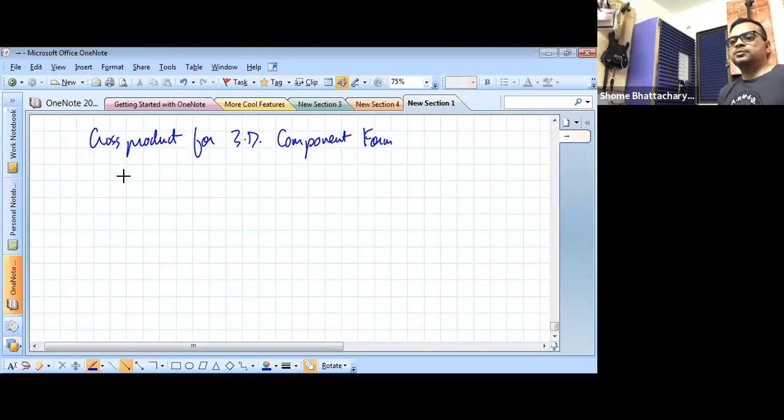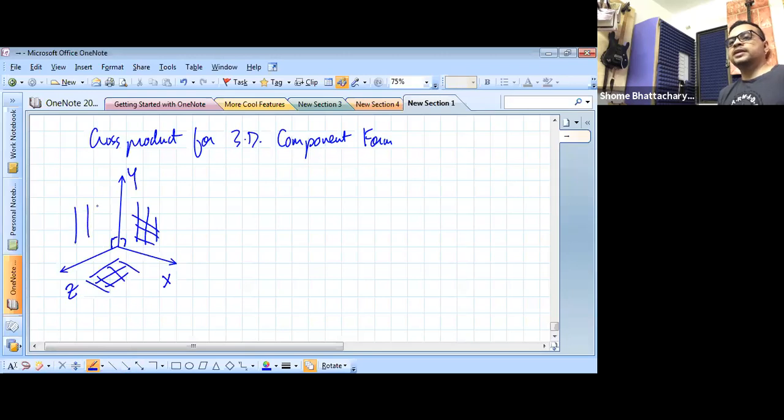So first of all, again keeping in mind our rectangular coordinate system, positive x, y, and z axis being like this, mutually perpendicular planes. Okay, so we have not only i cross j is positive k cap, so the reverse of this is that j cross i is minus k cap.